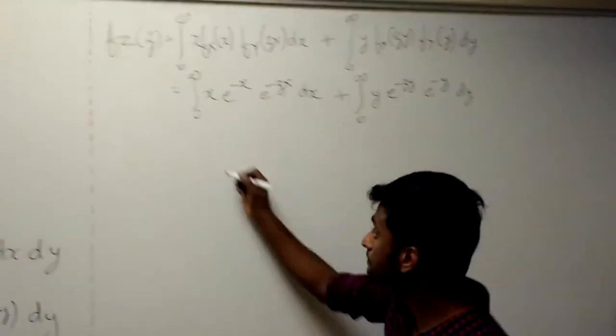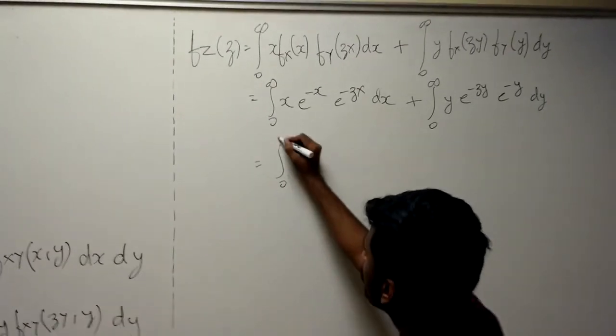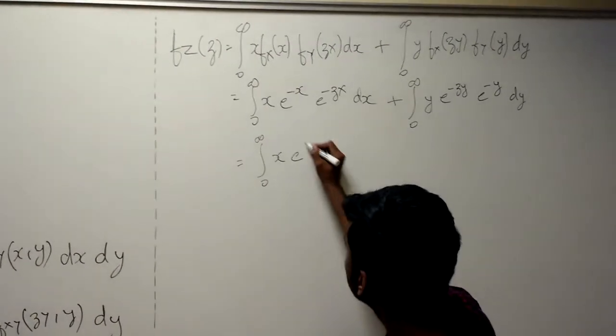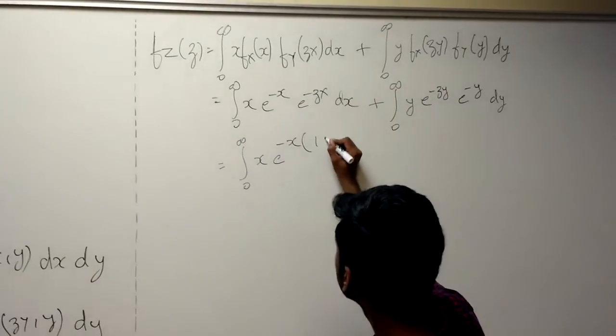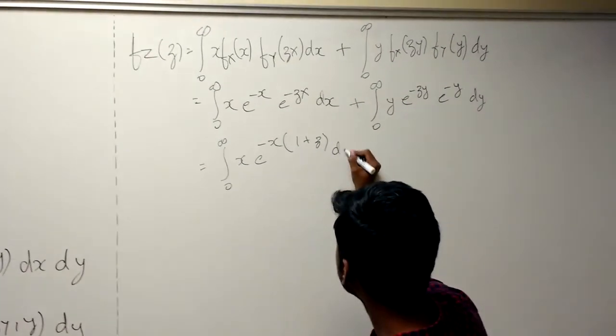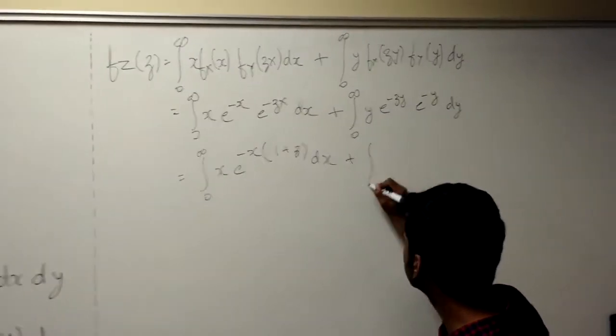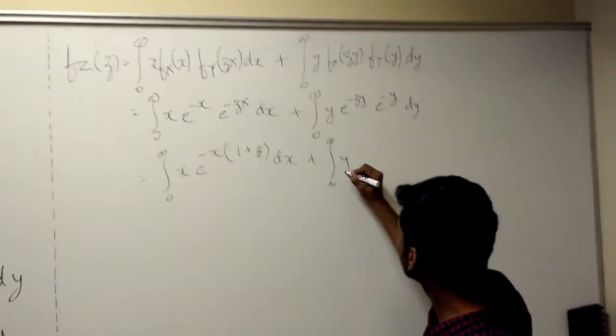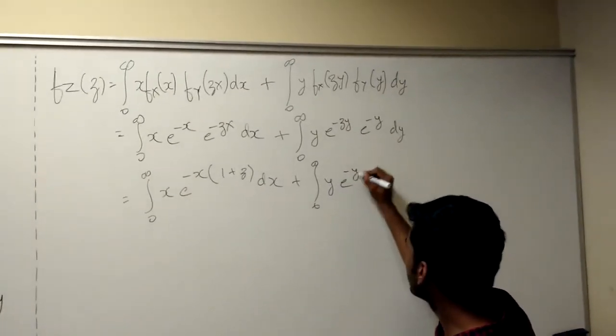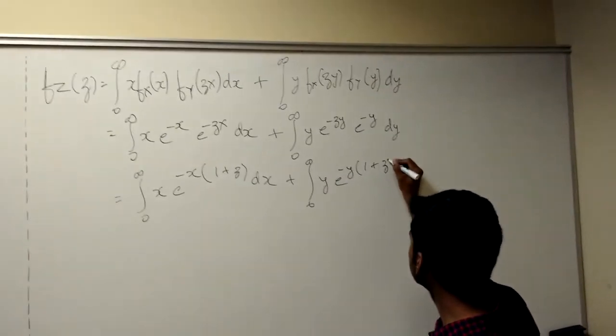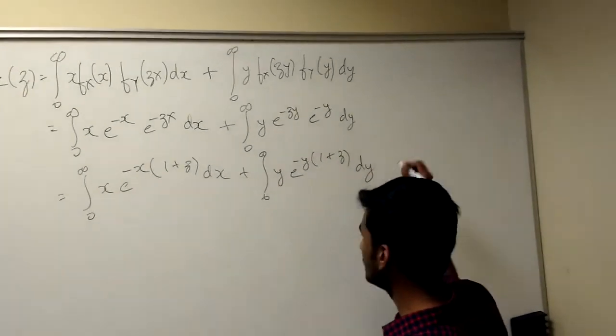Now on simplifying, the integral from 0 to infinity of x e raised to minus x(1 plus z) dx plus the integral from 0 to infinity of y e raised to minus y(1 plus z) dy.